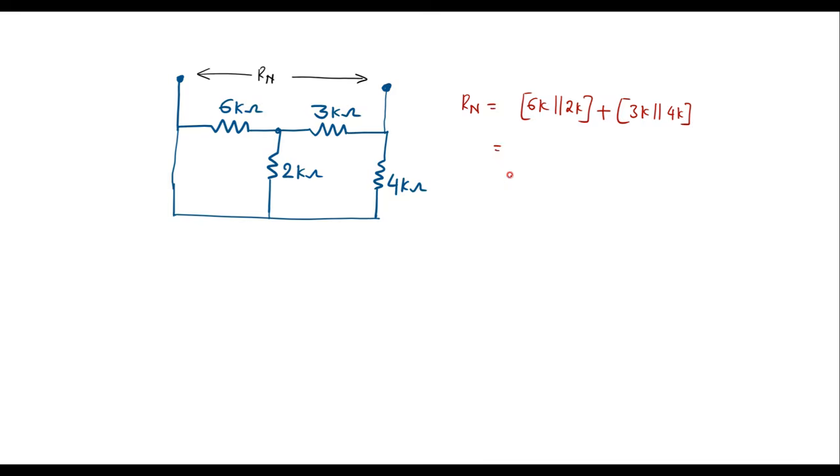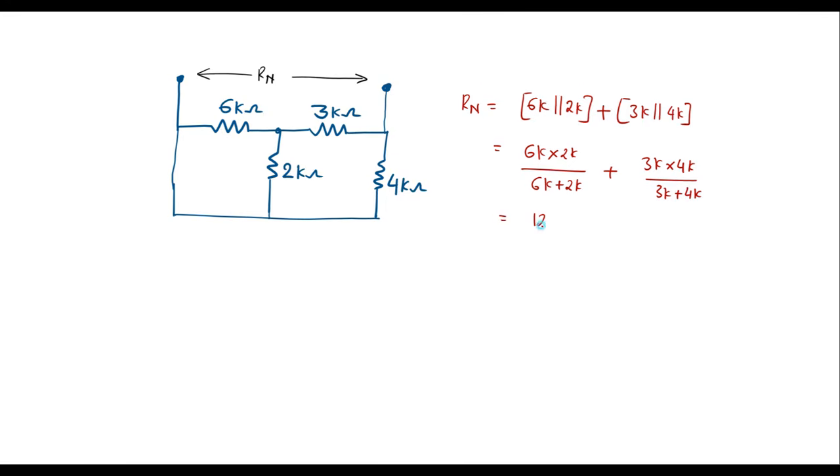Let me simplify this. So this is nothing but 6k into 2k divided by 6k plus 2k, plus 3k into 4k divided by 3k plus 4k. Let me simplify.